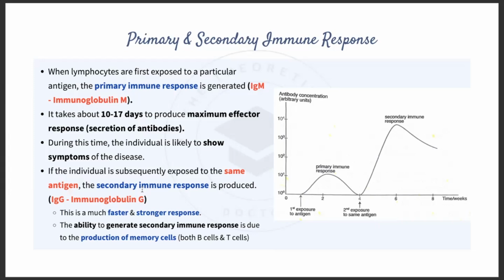The ability to generate secondary immune response is due to the production of memory cells, both B cells and T cells. If you can see in the graph over here, during the first exposure, the primary immune response comes into play. But if the second time the infection occurs, the secondary immune response will come into play, and it is faster and stronger.